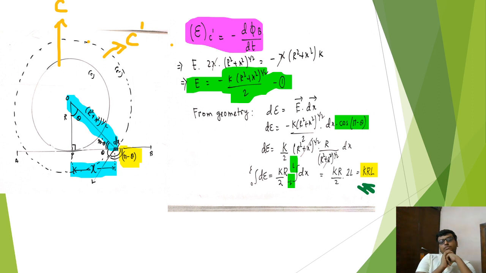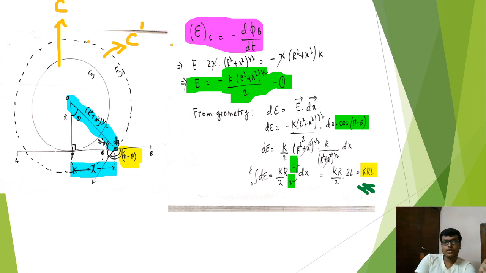Now, I have drawn an imaginary circle along which I am supposing that this particular EMF would be induced. That particular circle passes through the point of our concern, which is at a distance x from the point P. Now if I do this particular construction, why is it helpful? You can see it if you see the solution. E over C dash is equal to minus d phi B dt, which we get from Faraday's law.